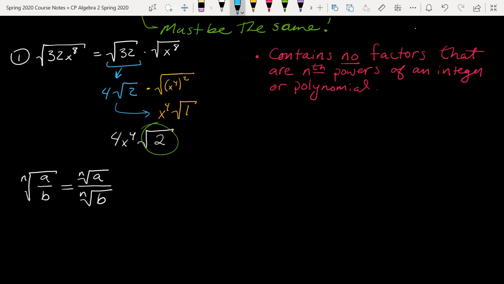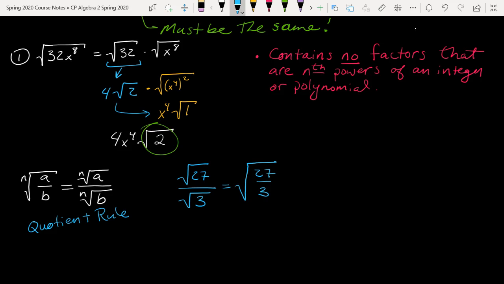As a pretty simple example, let's say we have the square root of 27 divided by the square root of 3. Well, this quotient rule tells us that we can combine those two radicals into a single radical containing a fraction. Now it's pretty easy to simplify the radicand, the part under the radical, since 27 divided by 3 is just 9. And since we're just looking for the principal square root here, our answer ends up being 3.